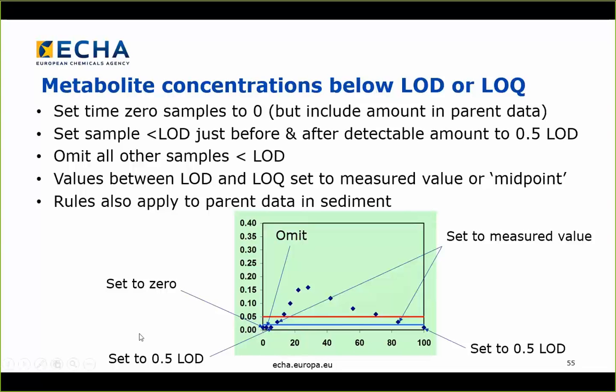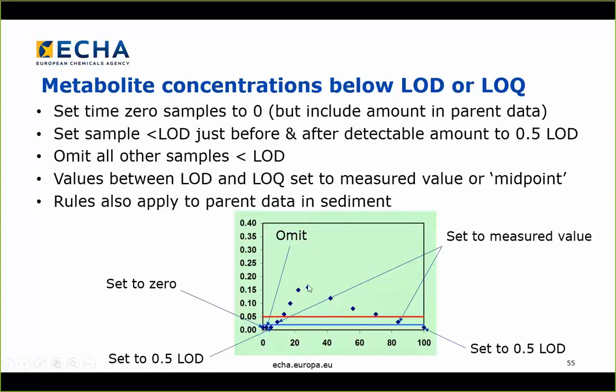However, in terms of the formation, you would only include the first less than LOD value that occurs prior to the first detect, so you're greater than LOD. So you can't quite see it, but this would be set to 0. This value here would be omitted because it's not the first less than LOD value prior to the first detect, but you would include this value here, this time point.